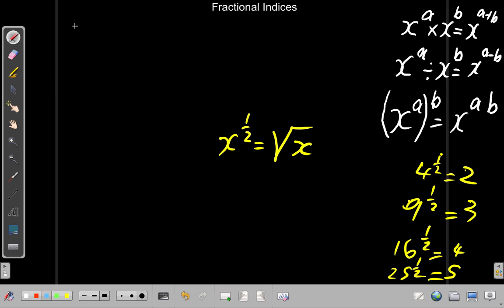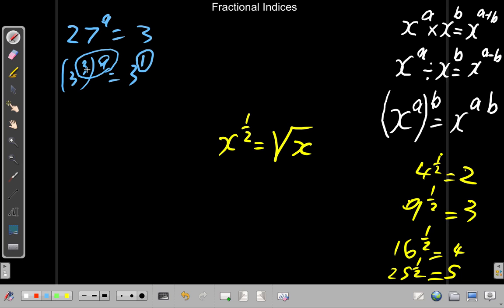Now suppose we say 27 to the a is equal to 3. 27 is the same as 3 cubed. So 3 cubed to the a is equal to 3. And 3 is the same as 3 to the 1. If we look at the powers, the indices here, we have to multiply 3 by a.